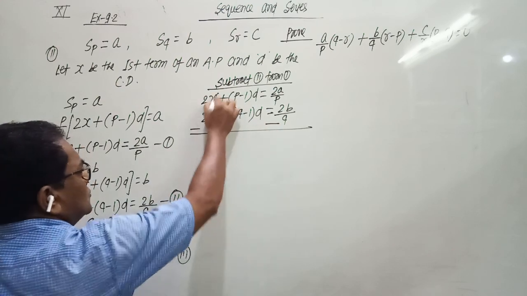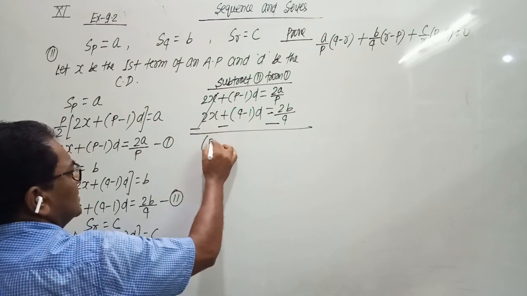Change the sign, the 2x cancels, and d is common. So (p − 1 − q + 1)d equals 2a/p − 2b/q.